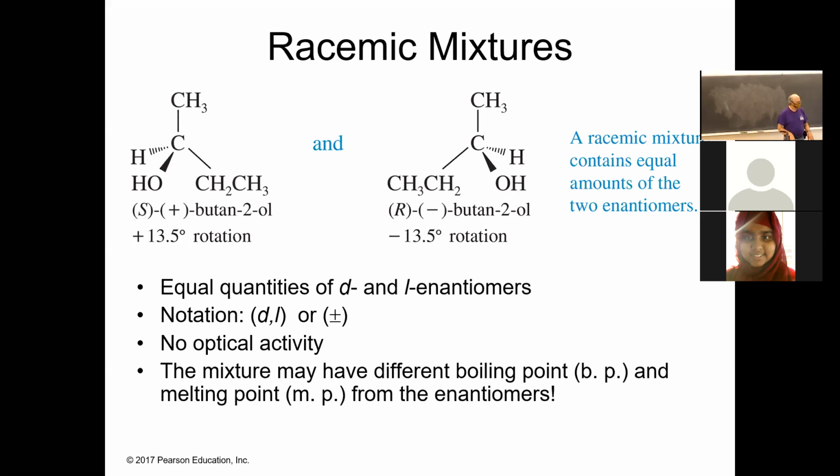A racemic mixture does not rotate plane polarized light. The individual enantiomers, in this case S plus and R minus butan-2-ol, have equal and opposite rotations, but if we have a 50-50 mixture, the polarimeter measures 0.